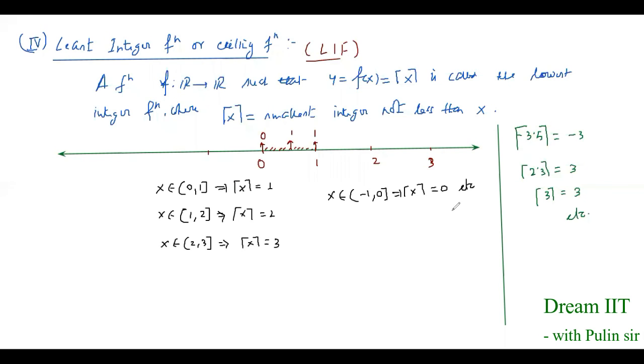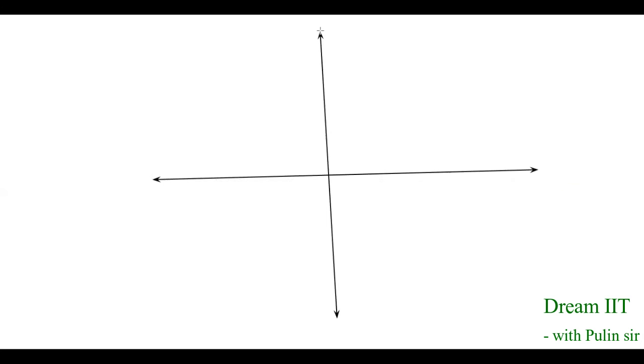For the graph, we'll switch to the new board. Here we will draw the axis. It became a little crooked, never mind, it will do for understanding.